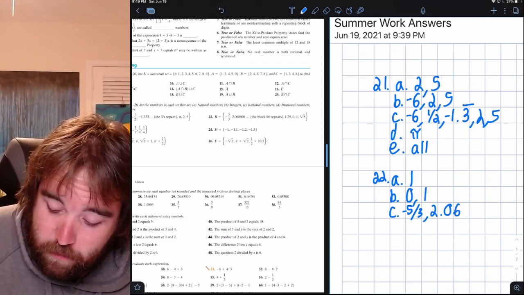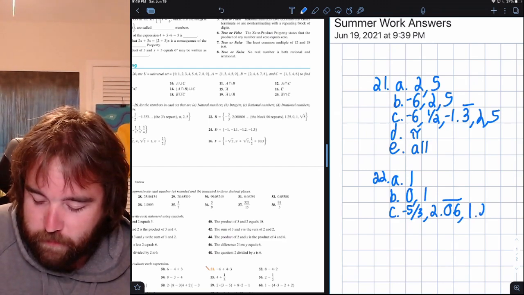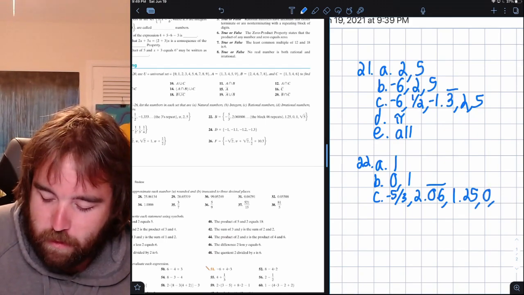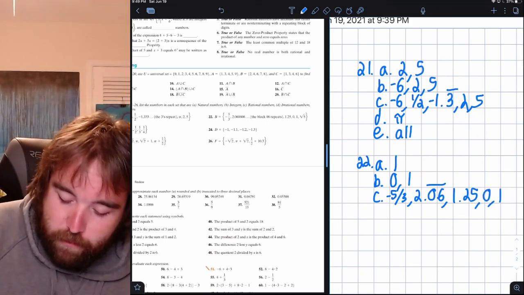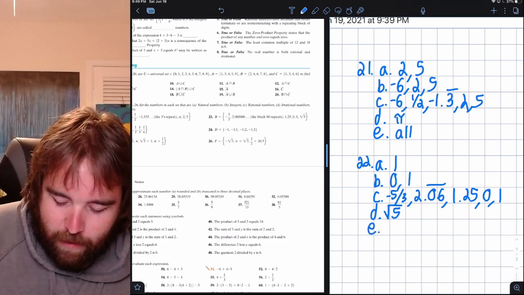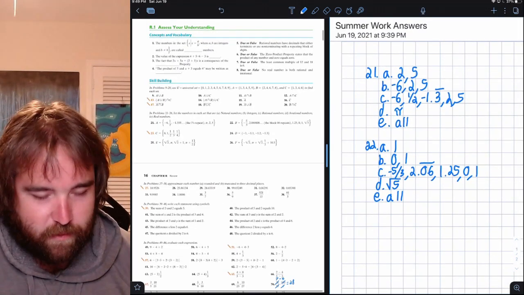That's 2.06 repeating because it's repeating. That's 1.25 because it terminates. 0 and 1. Not square root of 5. Square root of 5 is going to be irrational. And then, just like before, the real numbers are all of them.